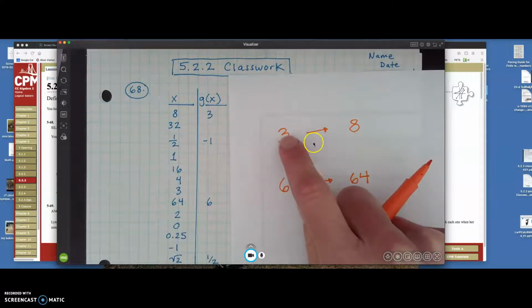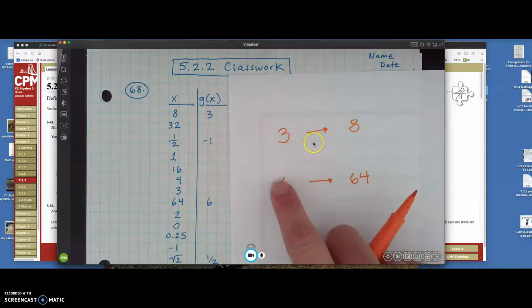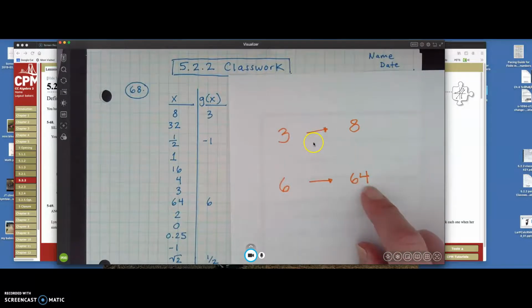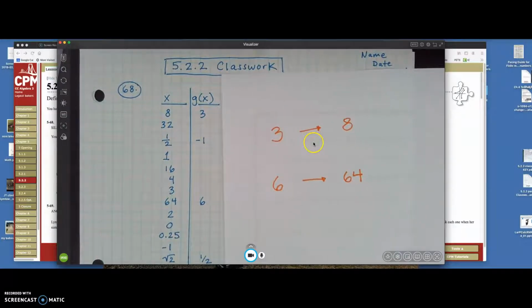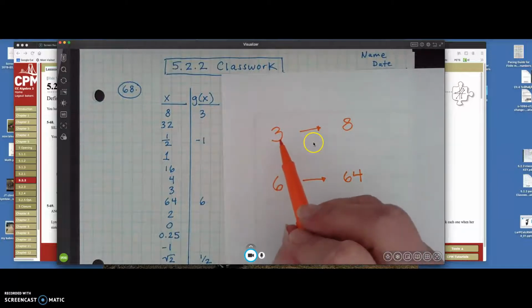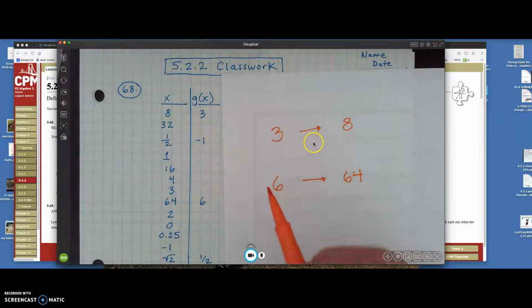So like if you said, oh, it's 2, well, 3 times 2 is not 8, and 6 times 2 is not 64. So it has to work on both. And the only other operation I mentioned in the order of operations was our E for exponent. So think of the 3 and the 6 as an exponent. What would the base have to be to get, let's say, 8?